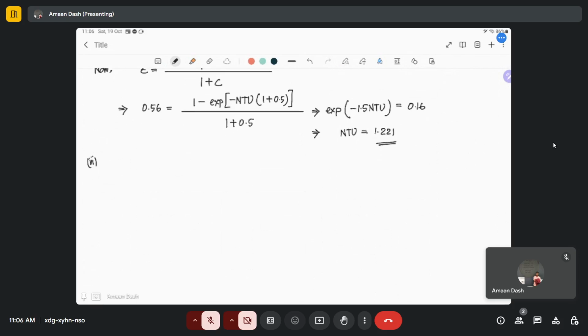You can take that this NTU term tends to infinity, because we have this dimension term, the area A, in the numerator. So when the length tends to infinity, this NTU term will go to infinity.